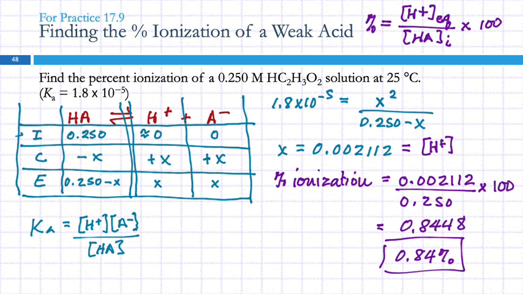How can we put the elements in the ICE table as HA and H plus A? How does that work? Okay. So what I'm doing there, let's use a color I haven't used yet, maybe orange.